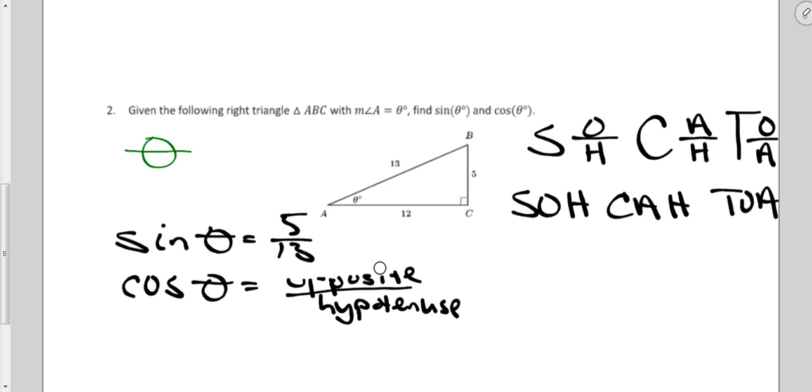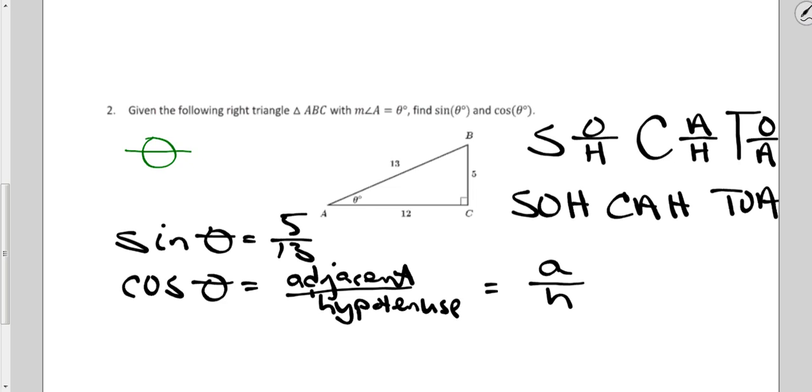I knew I had you here for a reason. Cosine is not opposite over hypotenuse, is it? It's adjacent over hypotenuse. But you do not have to write the whole word adjacent, and you do not have to write the whole word hypotenuse. You can just go A over H.